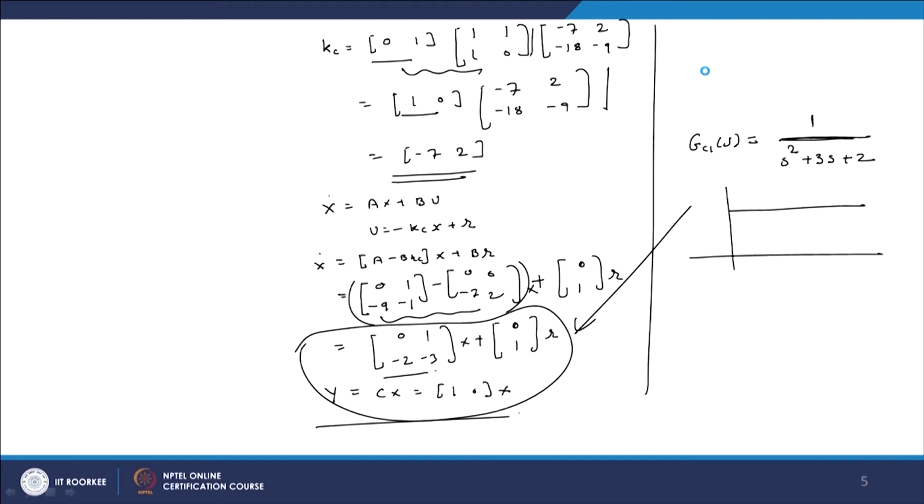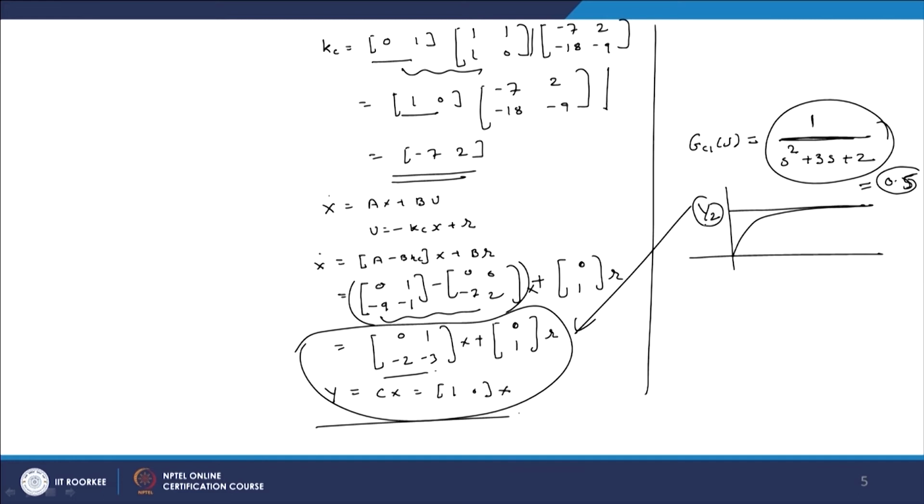But about the steady state, the steady state for this plant for a step input is 1 by 2, that is 0.5, and the response is like this. Our reference is 1, but the output will be 1 by 2, that means there is a steady state error.